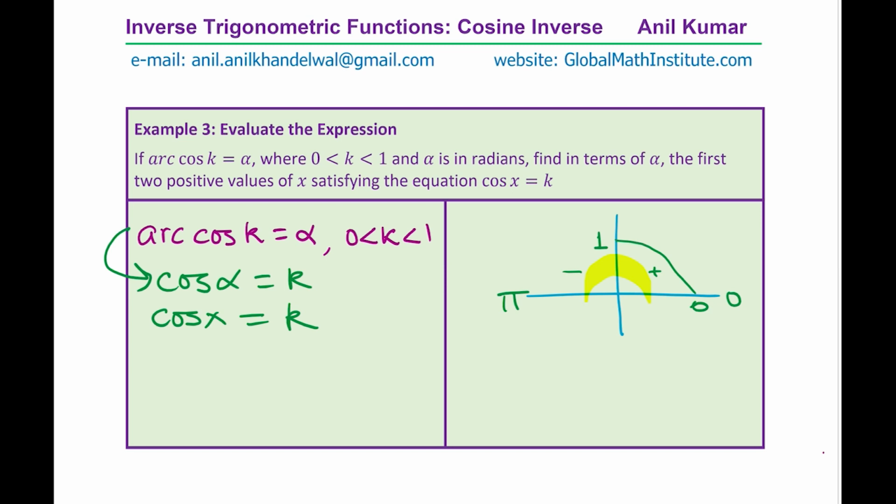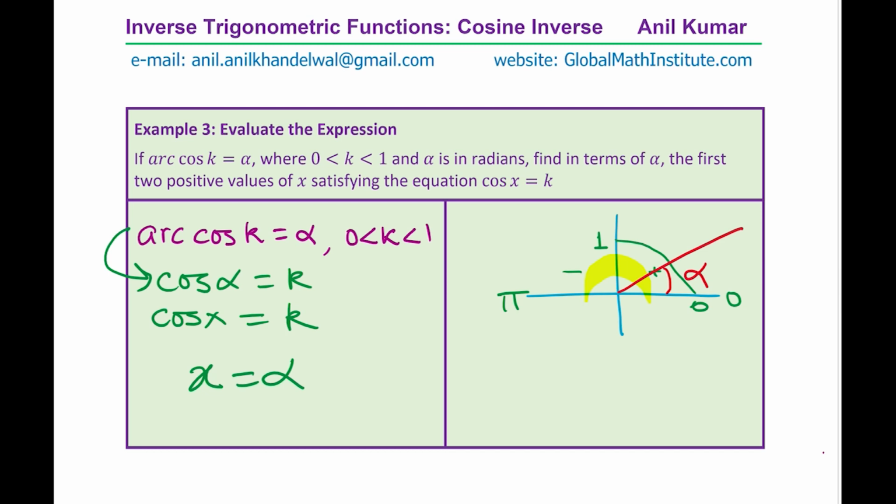Comparing the two, we definitely get x equals alpha. We need to write x in terms of alpha, so that becomes the first principal angle. Now, what could be the second principal angle? This is what we have to define. So, we got one solution, which is alpha.